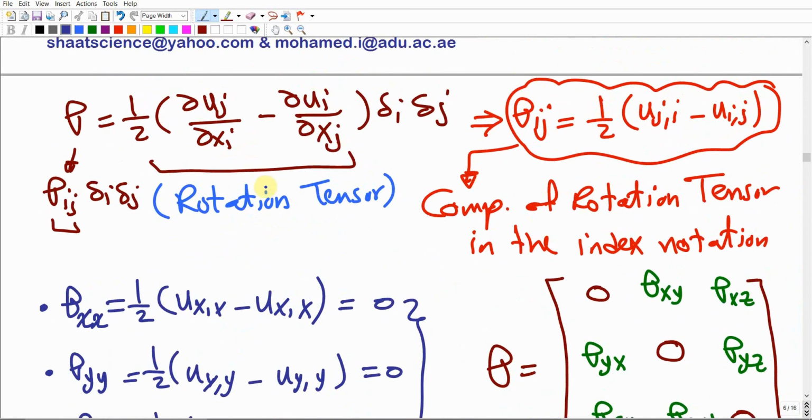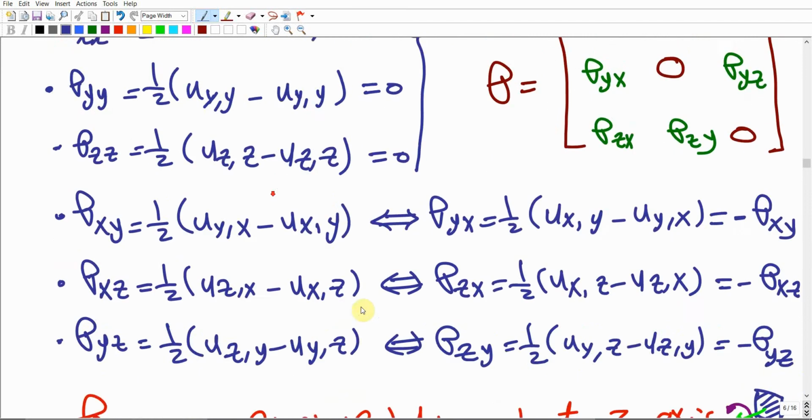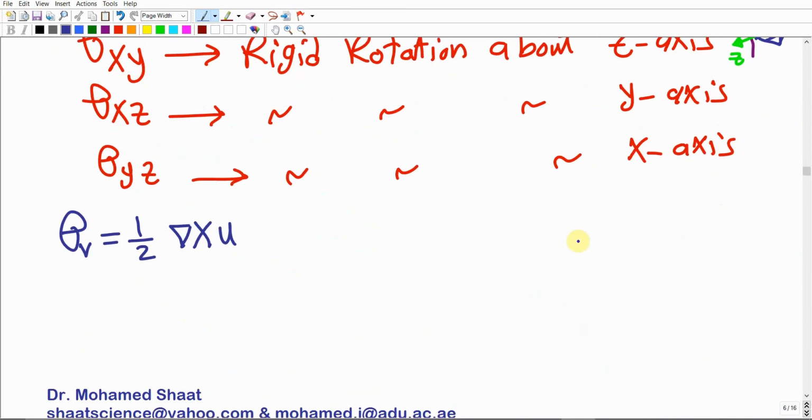What is this theta, the rotation tensor? The rotation tensor is the skew symmetric part of the gradient of the displacement, or the skew symmetric part of the deformation, and the deformation is the gradient of the displacement. So generally speaking, on the side here, we said that the theta tensor is the skew symmetric part of what? Of F.